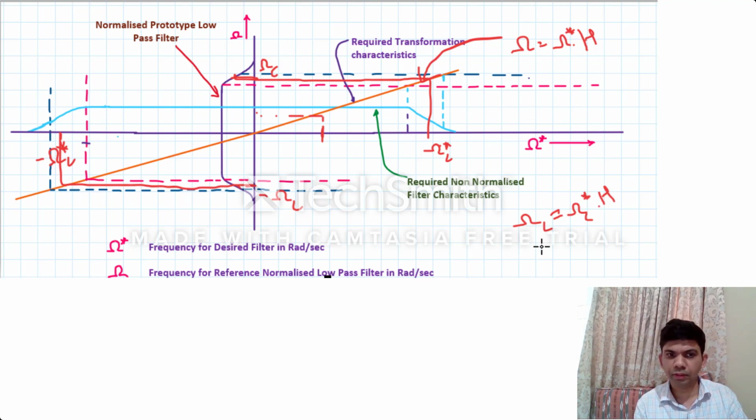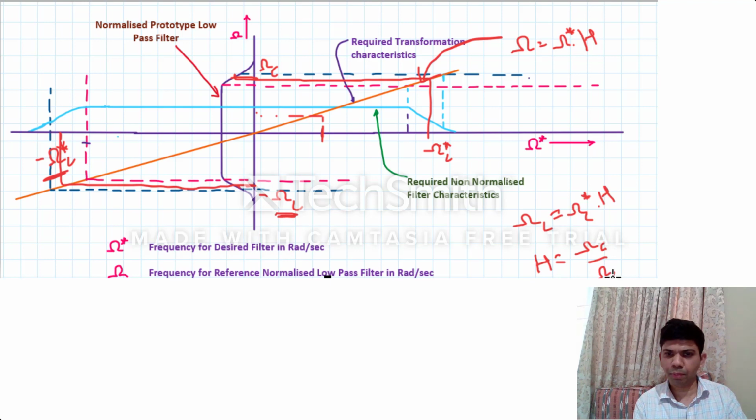Similarly, minus omega c equal to minus omega c star, which is mapped when the frequency of the prototype filter is minus omega c. So minus omega c equal to minus omega c star into h also gives me h equal to omega c divided by omega c star.